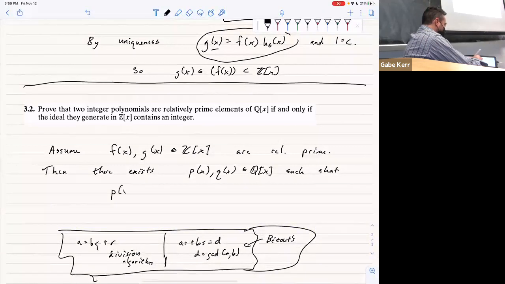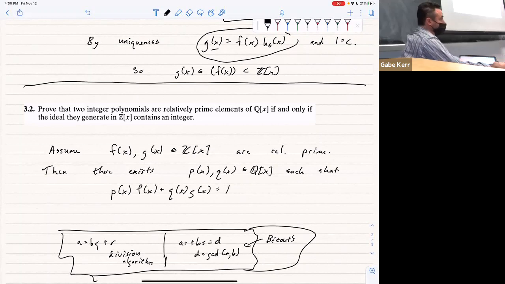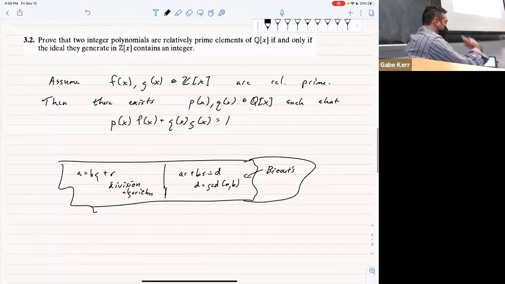So anyway, I got this P(x), F(x), this Q(x), my R and S are P and Q. P(x) is 1. The greatest common divisor is 1. Right?